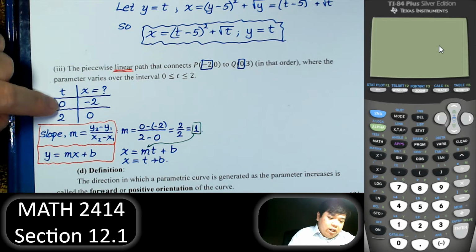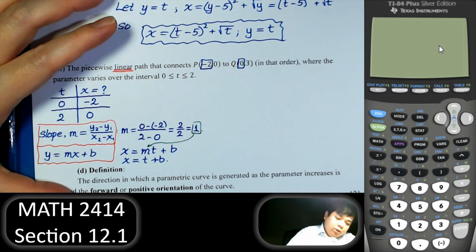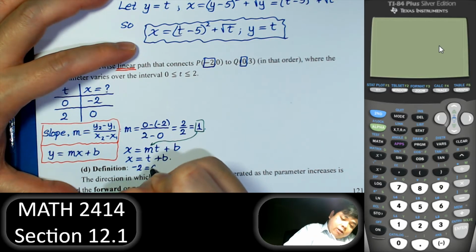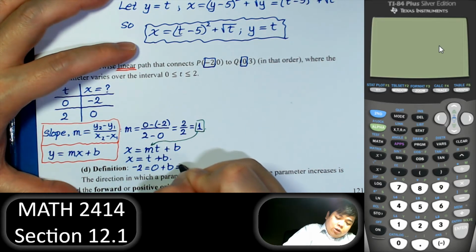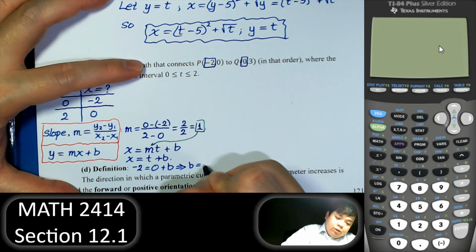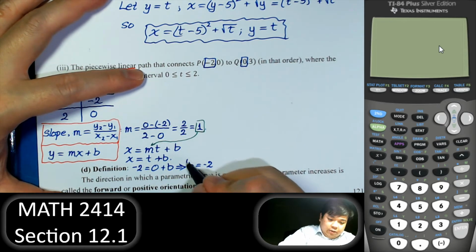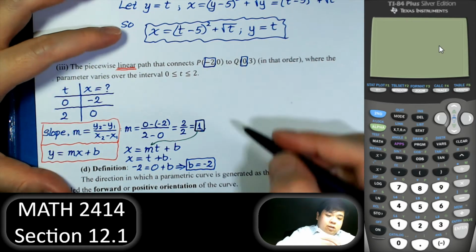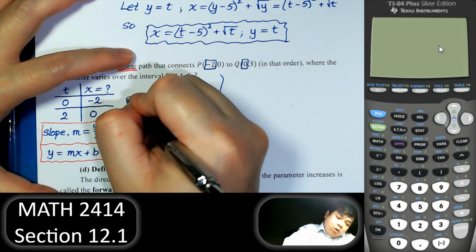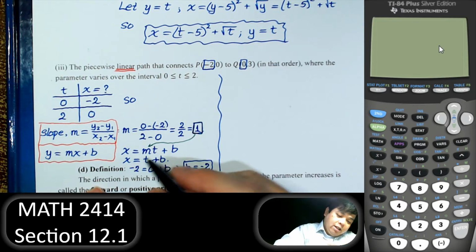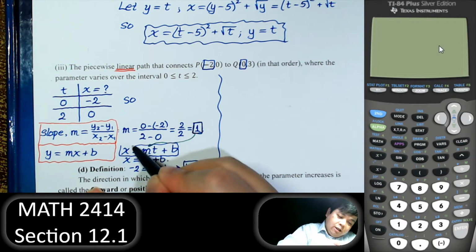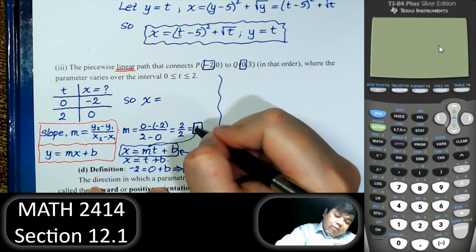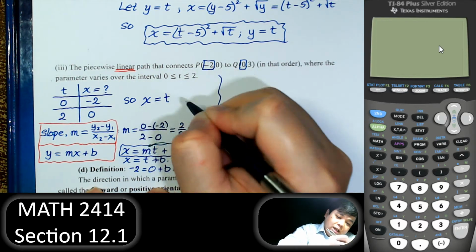When t equal to 0, x equal to -2. So from here we can see b is negative 2. So I have negative 2 and the slope is 1, so x equals 1 times t minus 2.